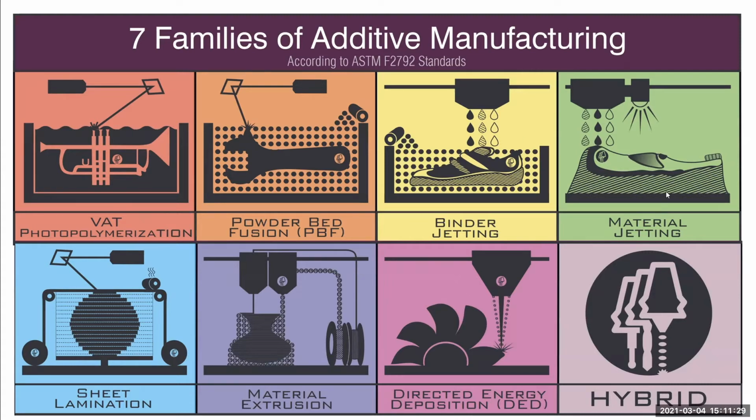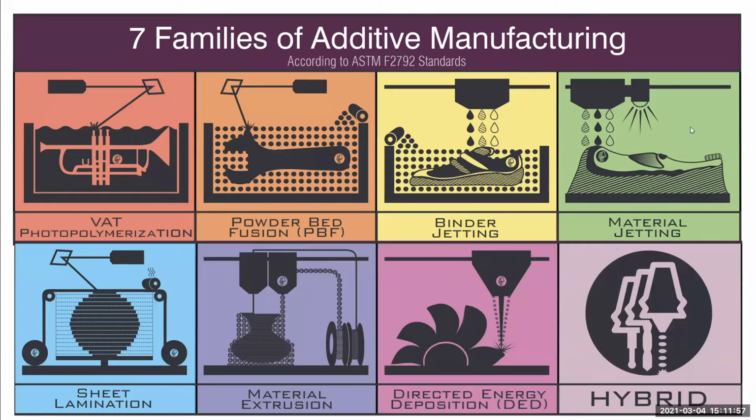Similarly, you have material jetting, and that's using something similar to the binders in binder jetting, but it's normally a mixture between binder jetting and vat photopolymerization. So you inject some form of substance into a print area that is then cured either by UV light or laser or something like that.